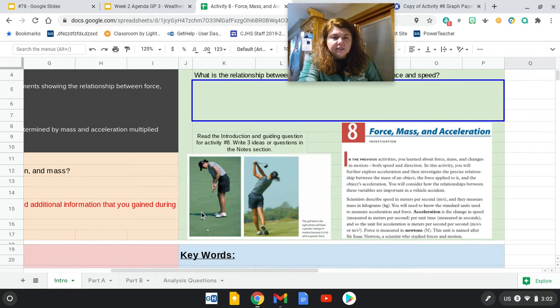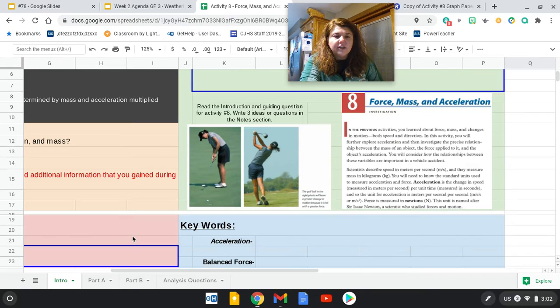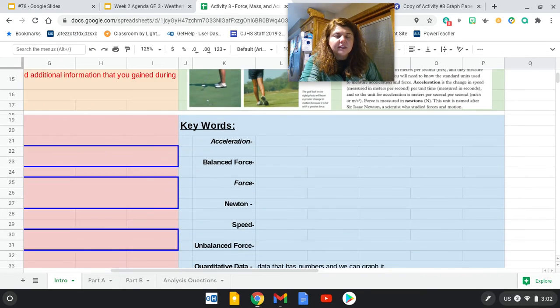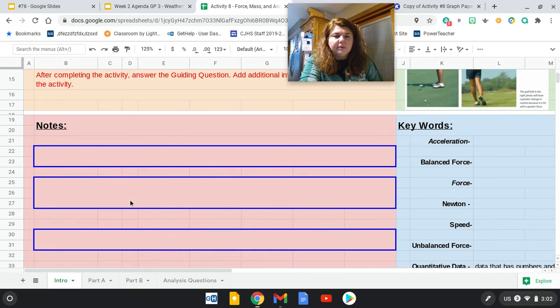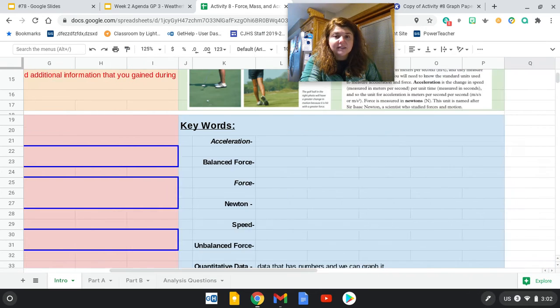And as always, just as a reminder, as we're reading this introduction, you should be writing down 3 key ideas or questions that you have in the notes section here in pink. So there are 3 blue boxes. You should have something written in each box.